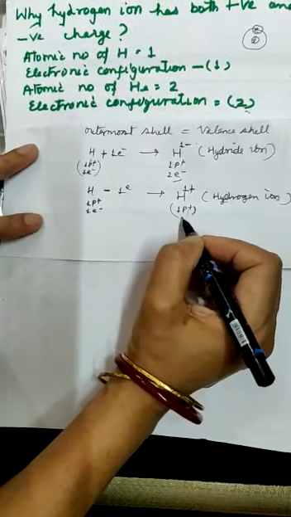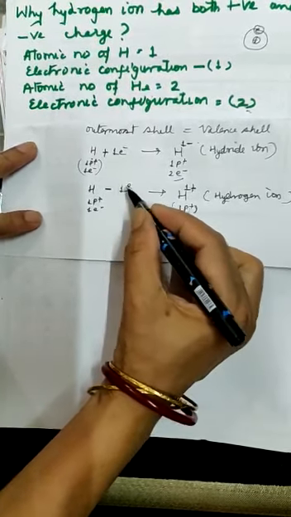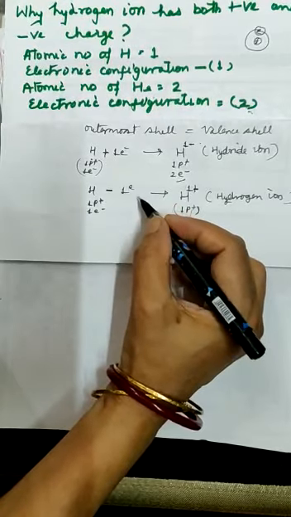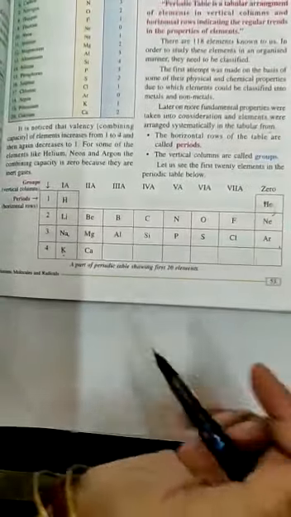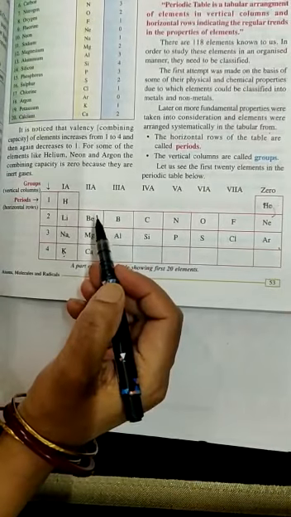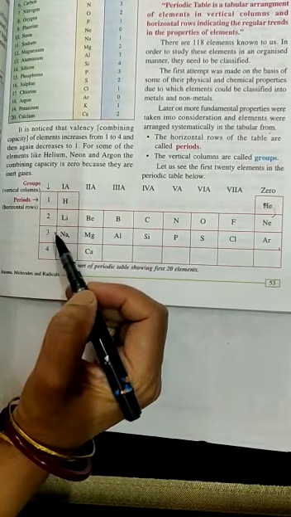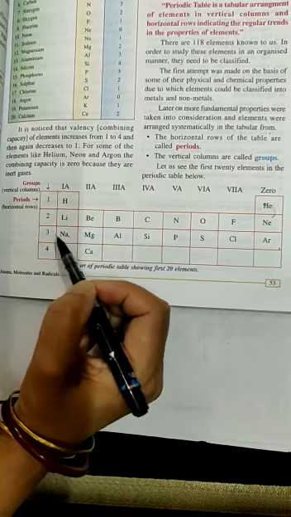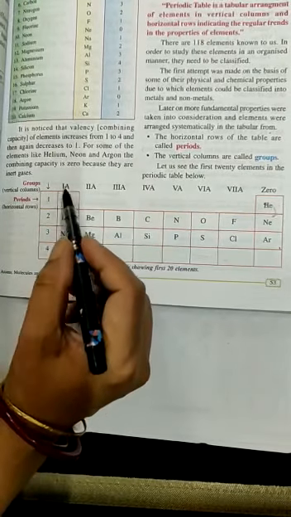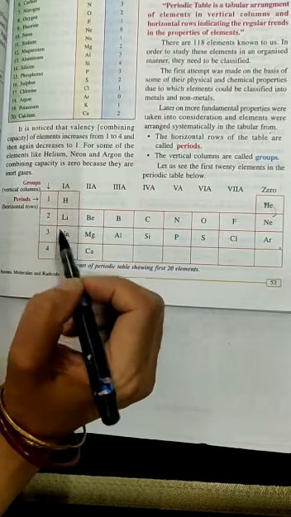The question is, why does hydrogen give an electron? When it has only one electron, why does it give it? The answer is that it is a very special element, and that is why it behaves so uniquely. It has the feature of donating electrons like metals in most cases. Look at this periodic table you read last year.